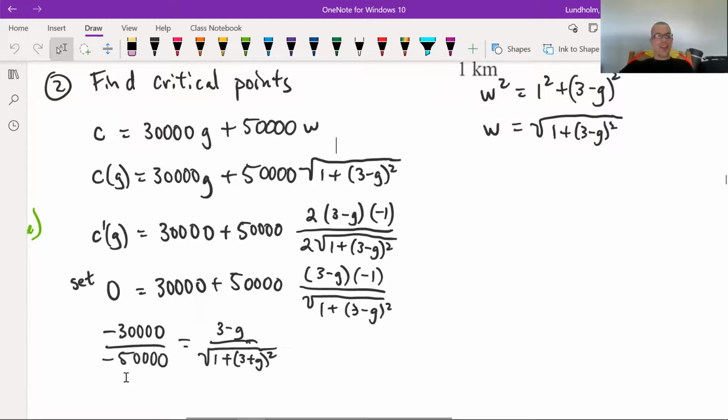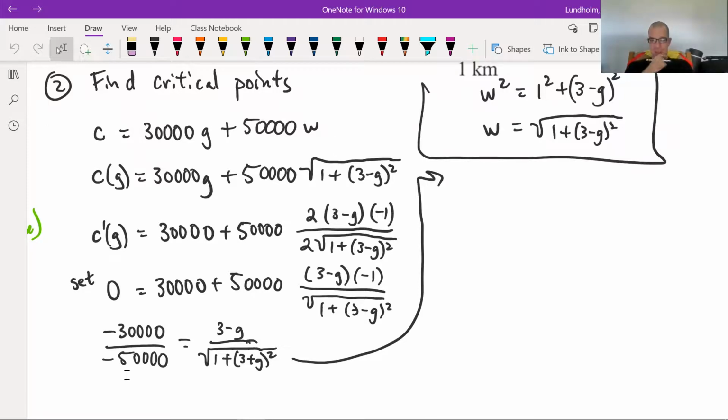That's going to give us a nice 3/5 on the left-hand side. So yeah, we'll go ahead and start writing up here, and we'll box this out so that we're not getting too confused. But yeah, we have 3/5 equals (3 minus G) over the square root of 1 plus (3 minus G) squared. Okay. At this point, I would probably cross multiply and write things this way.